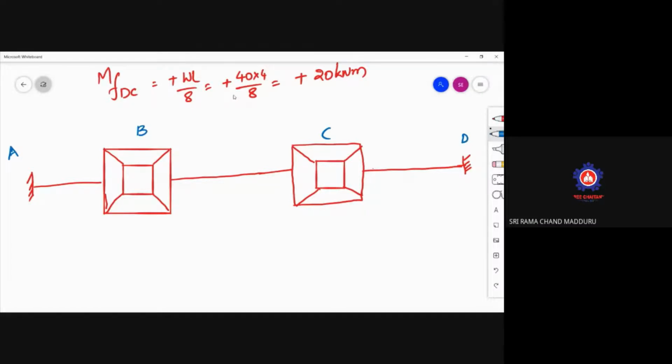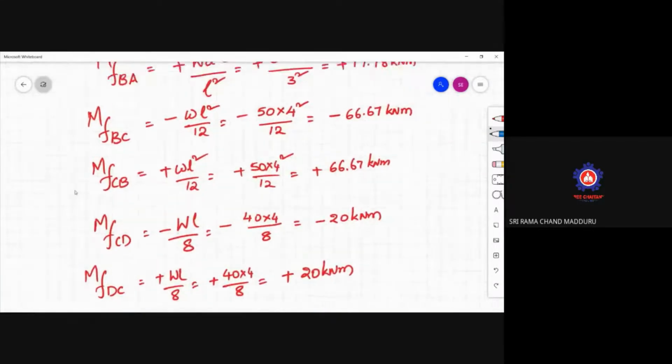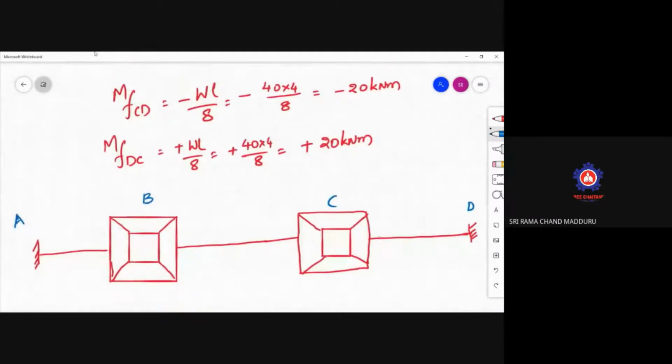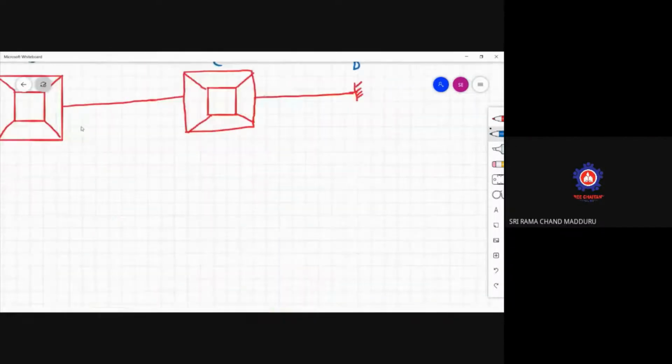At A, what is the fixed end moment here? The fixed end moment at A is minus 35.55. Whereas in this one, plus 17.78.